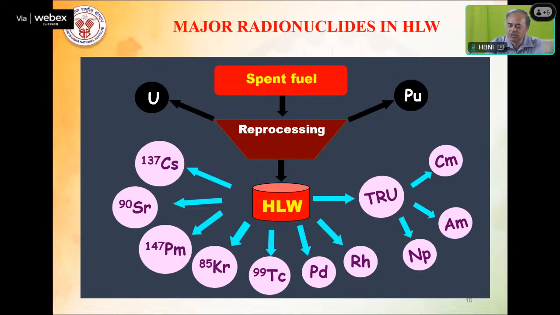Neptunium, americium, and curium are called minor actinides, because their concentrations are very, very small. But still, if you recover them, they are really very useful. So, that is the strategy we have adopted for the nuclear fuel cycle.